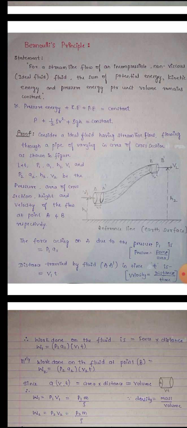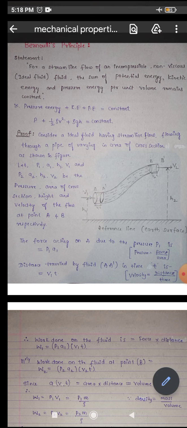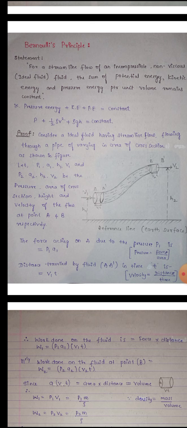Next, see the force acting on A due to the pressure P1. At the end A we are applying the pressure P1, so the force acting on this point A will be equal to P1 into A1.